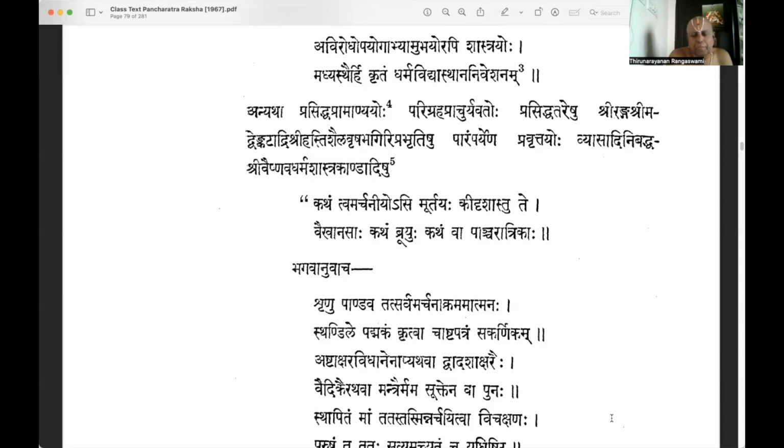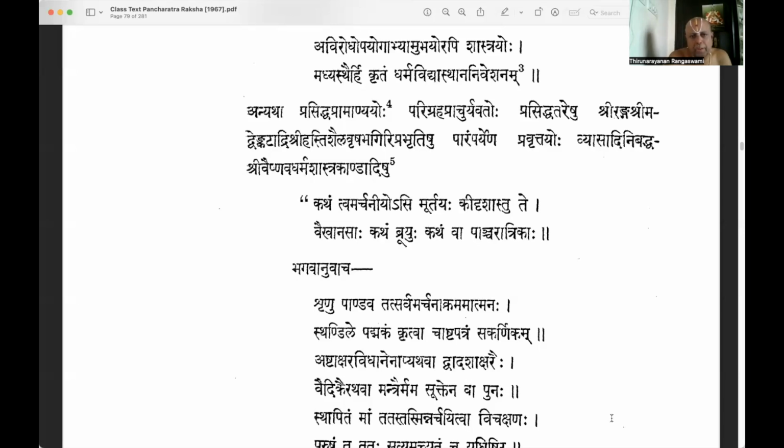Prachuryam is more and more, the richness of acceptance. And again, prasiddha tareshu. Which pramana is more popular? The comparative degree. Prasiddha means popular. Prasiddha tara is more popular. Which procedure is more popular, either in Pancaratra or Vaikhanasa?